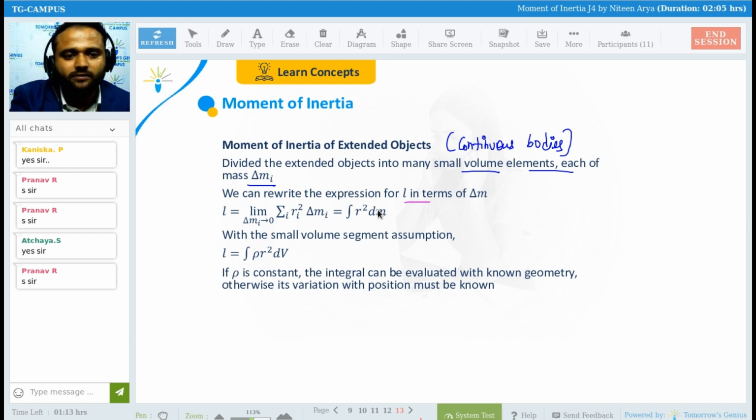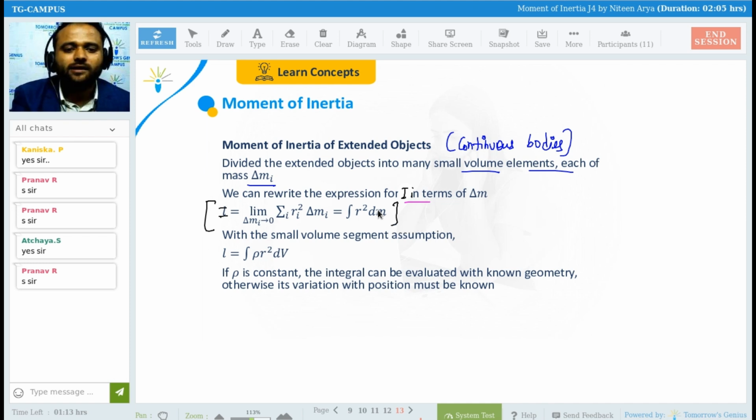So the moment of inertia I, in the limit delta m tends to 0, is the way to convert your summation into integration: I equals integral of r squared dm.